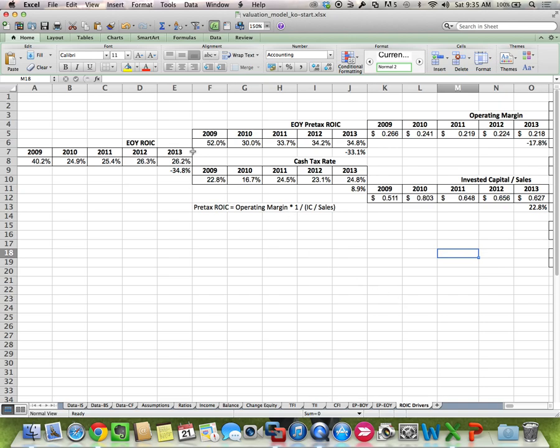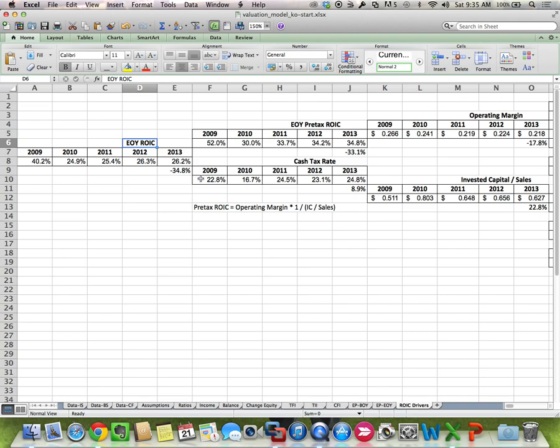So you'll notice that the ROIC tree is based on EOY ROIC, right? End of year ROIC as opposed to BOY ROIC. So again, on your midterm exam, on your homework assignments, you're going to calculate ROIC using the beginning of year data, beginning of year economic profit. But for example, when we do analysis in this ROIC tree, we'll use the end of year data.